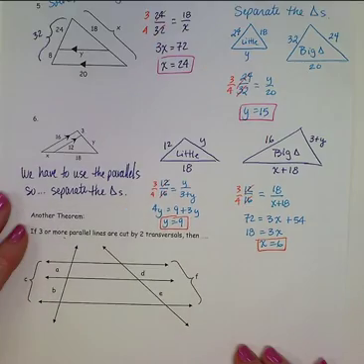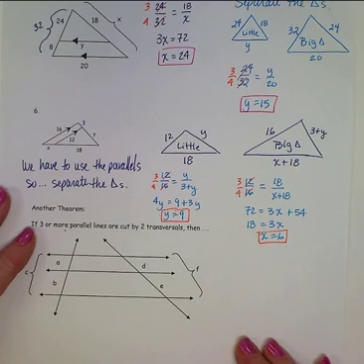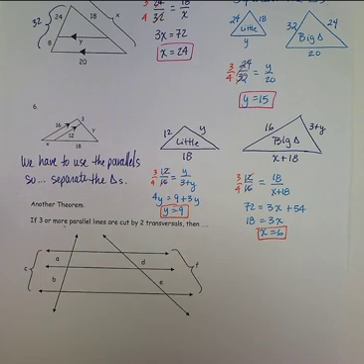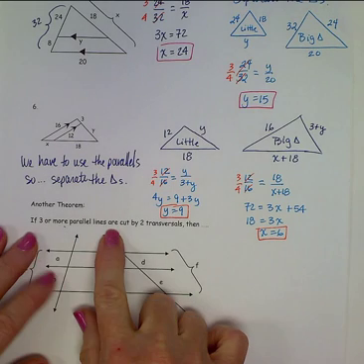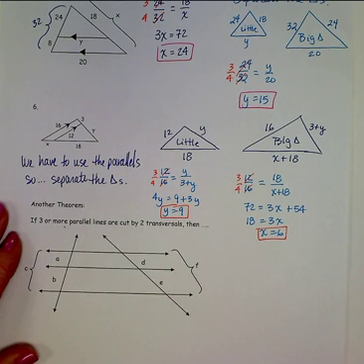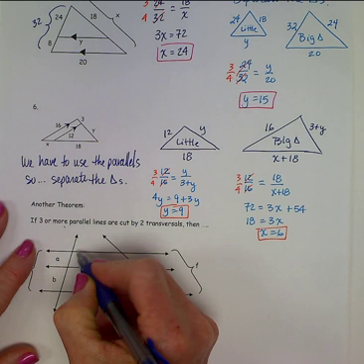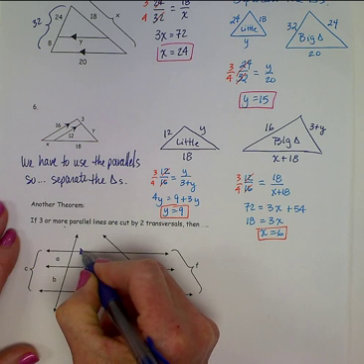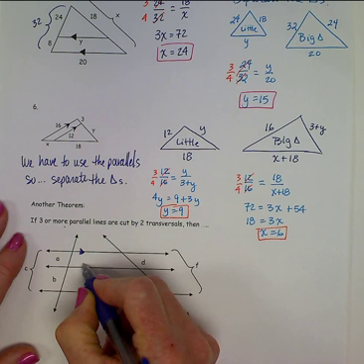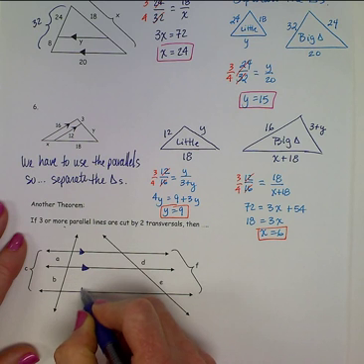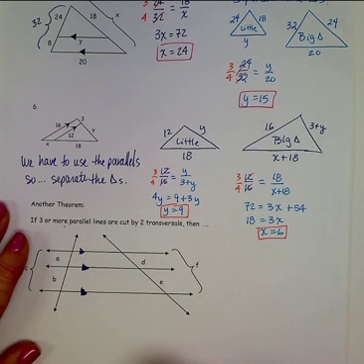All right, there's another related theorem to this. I kind of ran over in here with my work, but that's all right. It says if 3 or more parallel lines are cut by 2 transversals, so right here, I've got 3 parallel lines. Those lines are parallel.